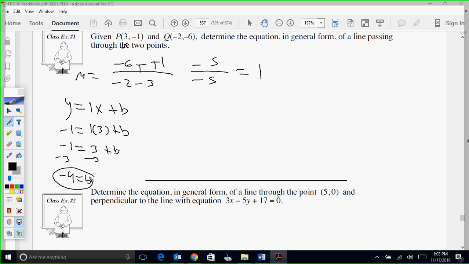So my y-intercept's -4. My slope is 1. The equation of the line, I'm actually close to done. I'm going to pause. I know you probably think I'm going too fast. That's the equation of the line in slope-intercept form. y equals x minus 4. It's an x because that's a 1, right? 1x. Okay, questions with that piece?